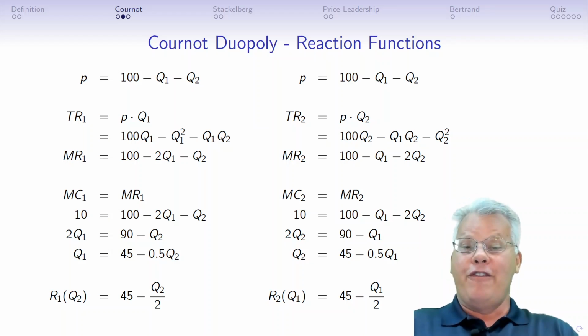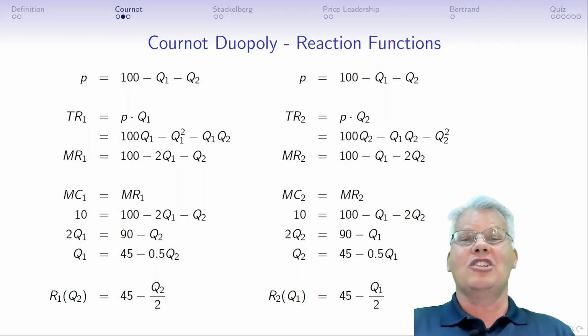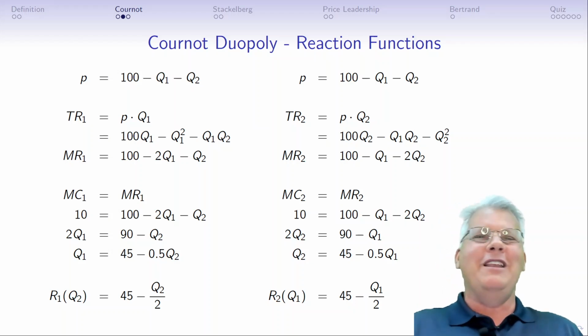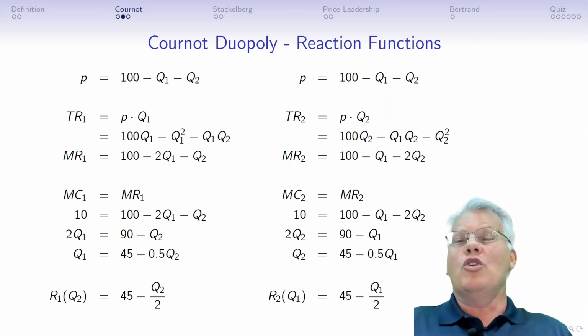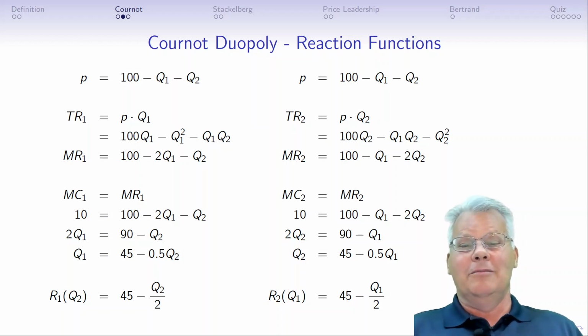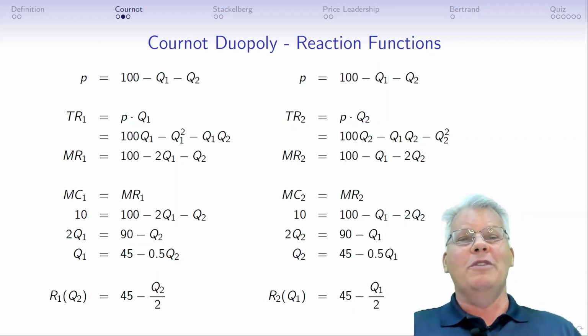But if firm 1 and firm 2 share the same marginal cost, you will have symmetric reaction functions. And perhaps it's bad form of me to tell you this, but you can just solve once and then swap Q1 for Q2 and you'll be just fine.